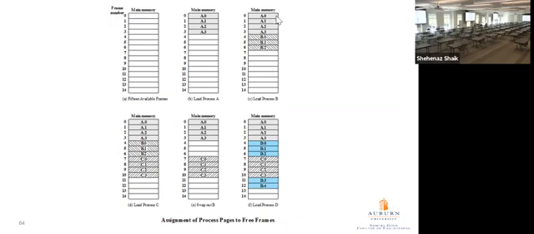Process B has 3 pages which are allocated the frames 4, 5, and 6, and process C is allocated another 4 here. At some point, let's say process B is swapped out. That leaves 3 frames free here.